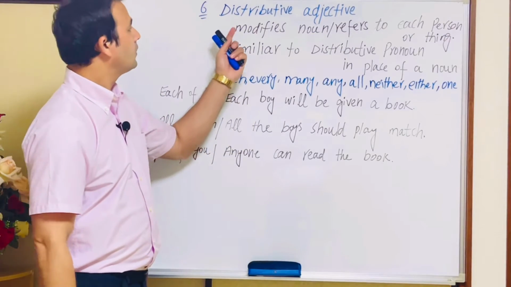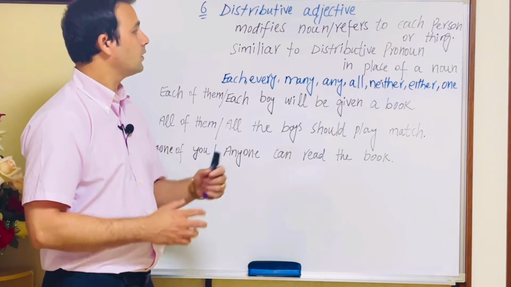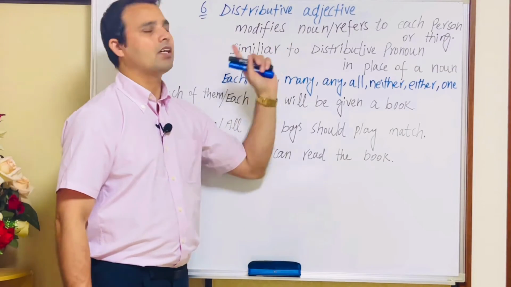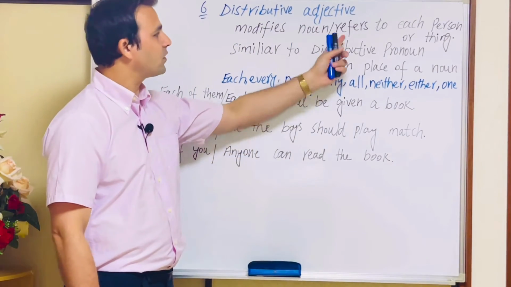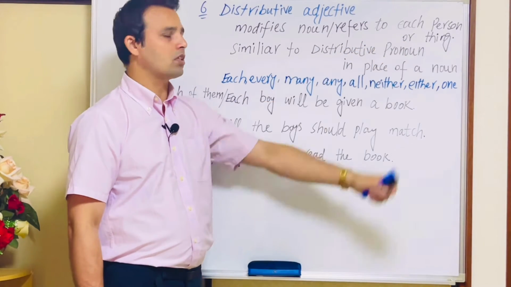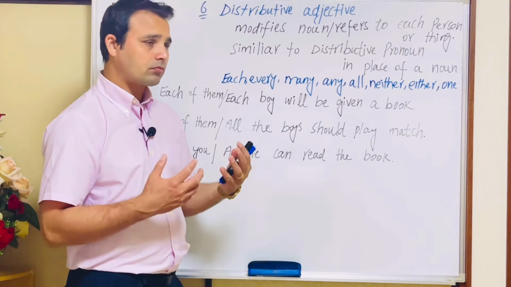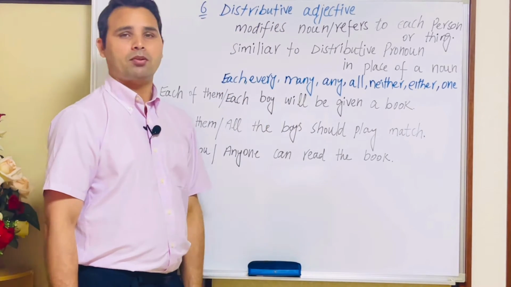And the next one is distributive adjective. The definition is that a distributive adjective modifies a noun, or in simple words you can say that it refers to each person or thing. If you remember, in the last videos we studied distributive pronouns.